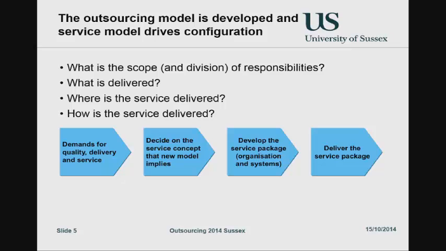And so one of the first things we think of when we are about to enter the process of selection of a vendor is, okay, what's the scope, or as I put it here in brackets, the division of responsibilities between ourselves as the outsourcing company and the vendor coming in to do the service for us?